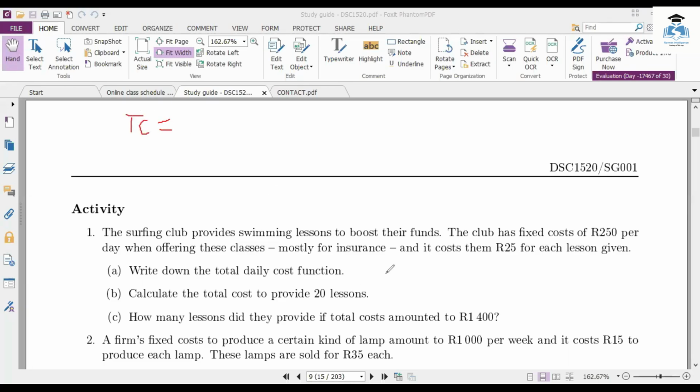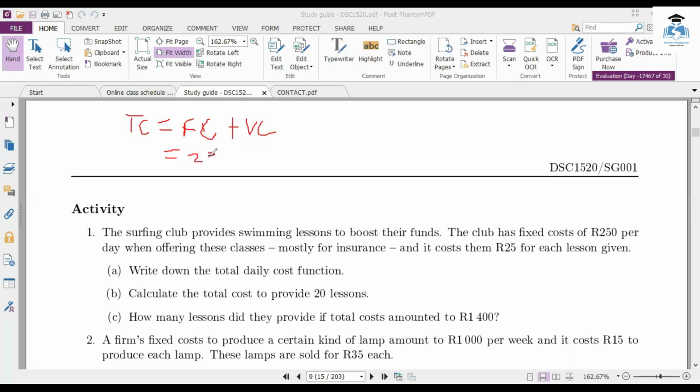So from the information that we are given, let's plot. We said our formula is total cost is equals to fixed cost plus variable cost. So from the information that we are given, what is our fixed cost? It's 250.